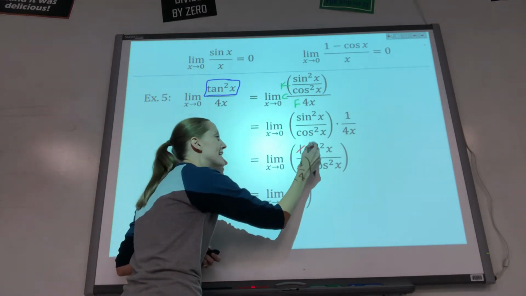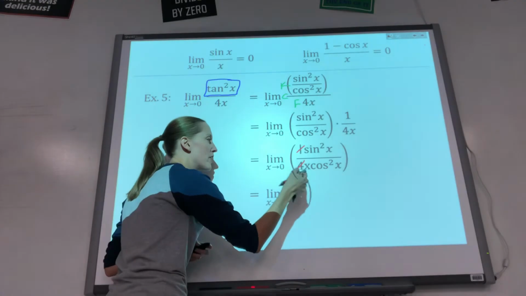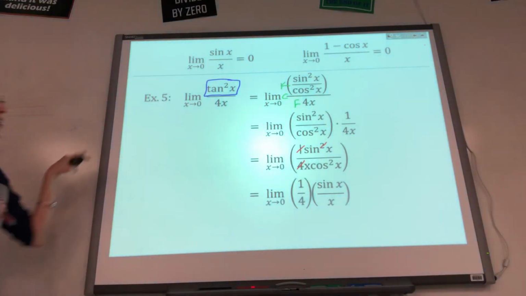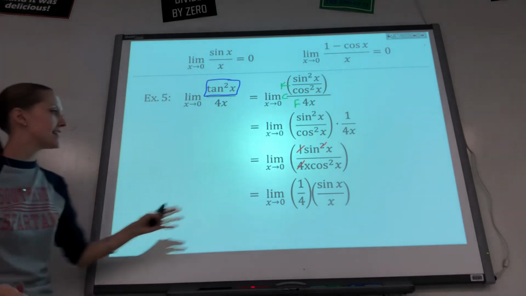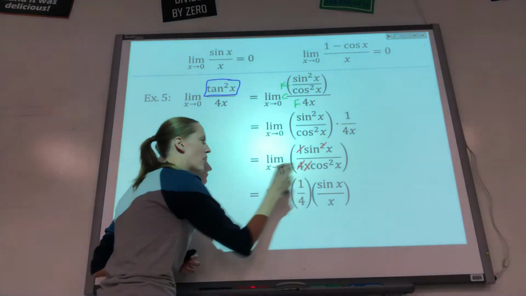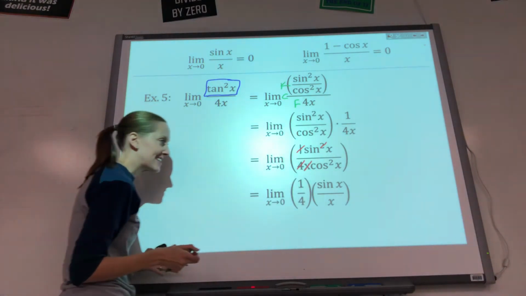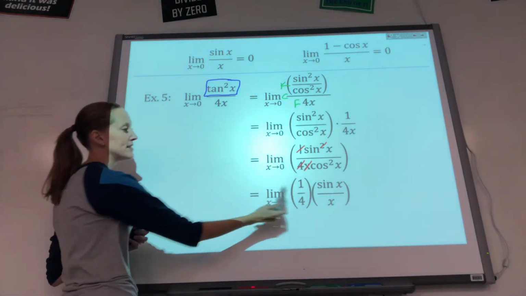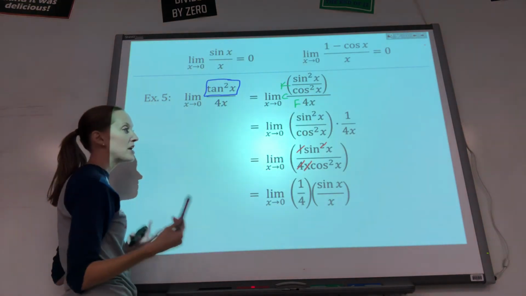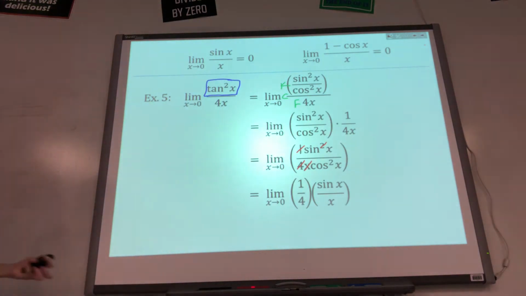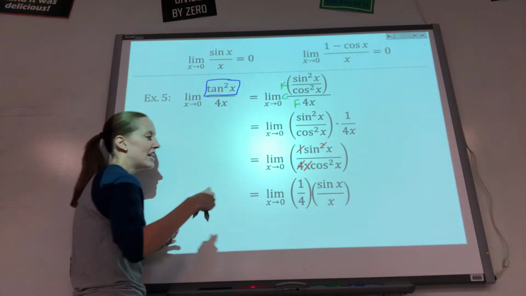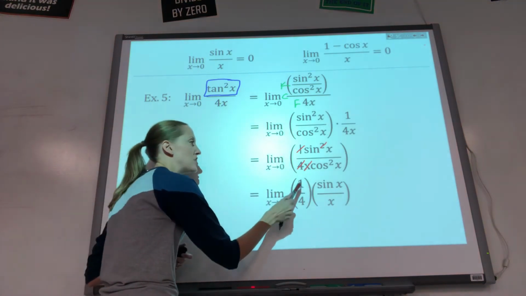Technically, you have sine squared, but for the time being, let me pull one of those sine of x's out, and I'll put sine of x over x. Now really, once you see that this is getting multiplied by something, you probably can tell what your answer is going to be. But if I keep going with this, here's a couple more things that I would do.